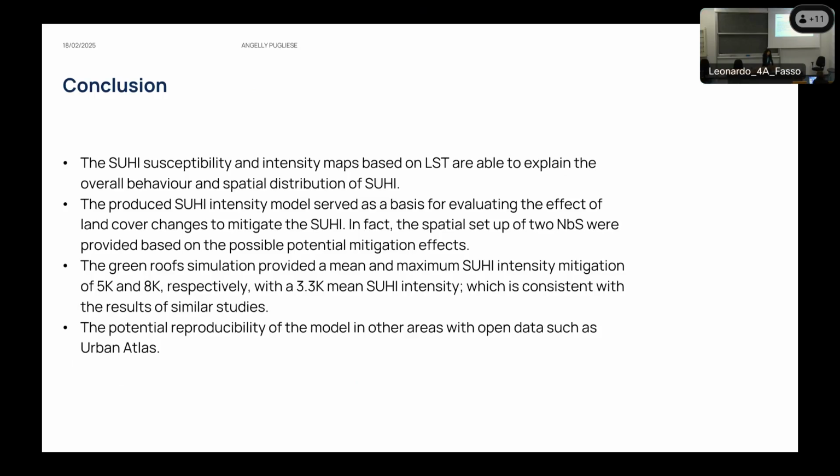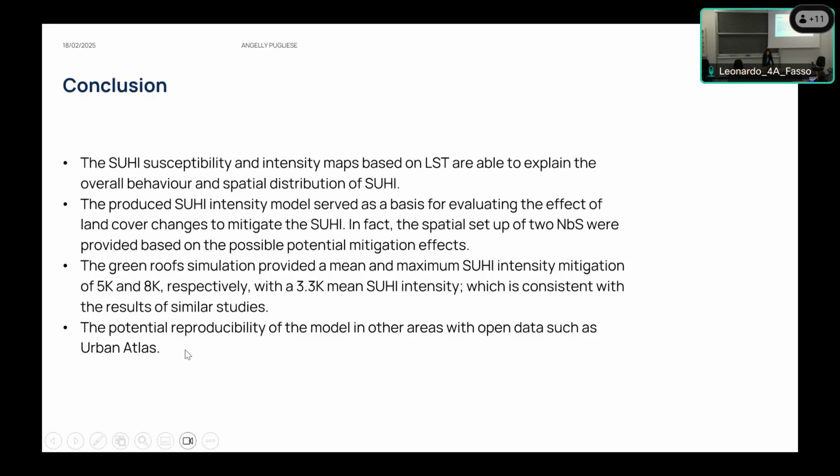I just presented 2 setups, but depending on the scenarios, we could simulate anything we want. It's just a matter of providing a mask of where you want to place the new areas. Green roofs, as you saw, and green corridors provided a decrease in the intensity of the surface urban heat island, which is also consistent with the results of similar studies.